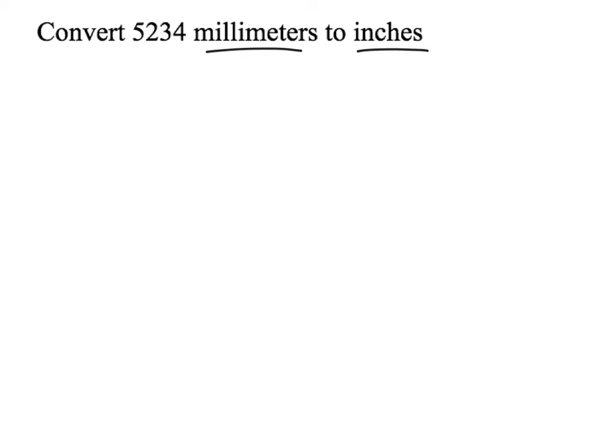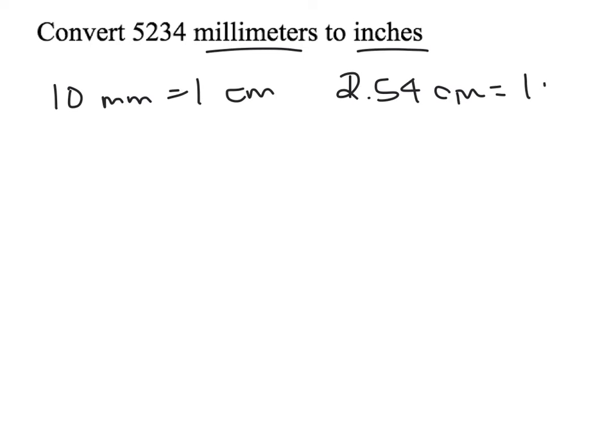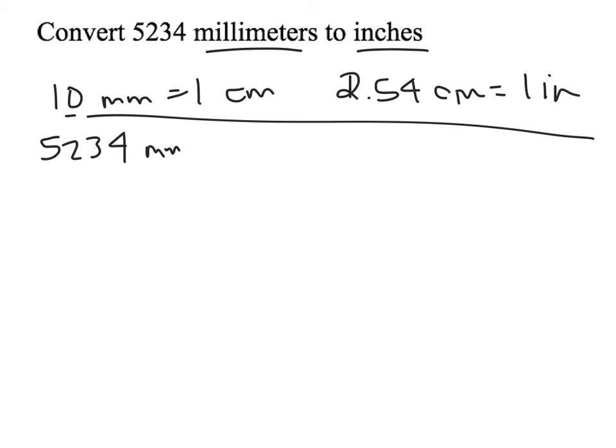Well, I know that there are 10 millimeters in every centimeter. I also know that there are 2.54 centimeters in every inch. So step number 1 says to write the number and unit I'm given, so 5,234 millimeters. Then I'm going to write my conversion factors in step 2. Step number 3 says to write everything as fractions.